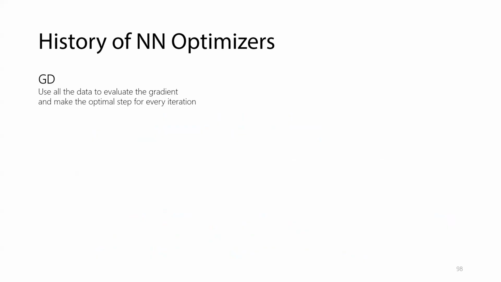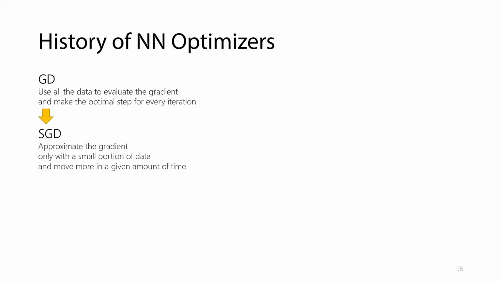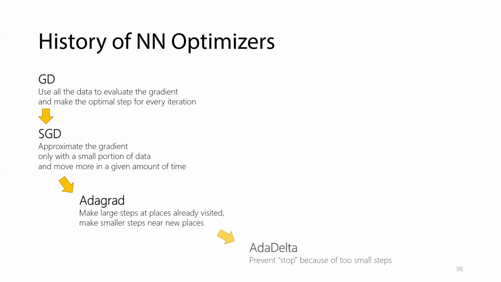So here's a brief history of neural network optimizers. Gradient descent is always chapter 1, section 1 in optimization textbooks. Machine learning people tend to use the stochastic version, the sloppy version of gradient descent. Starting from there, we talked about the momentum method and the adaptive gradient method.